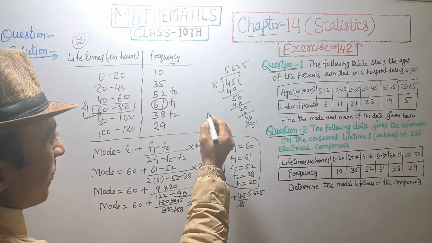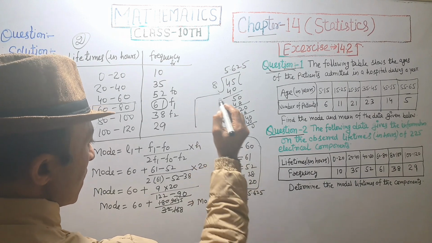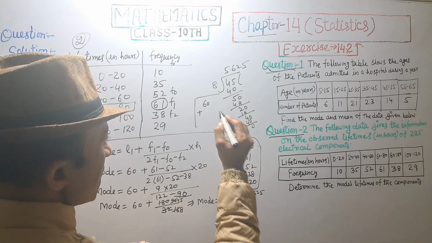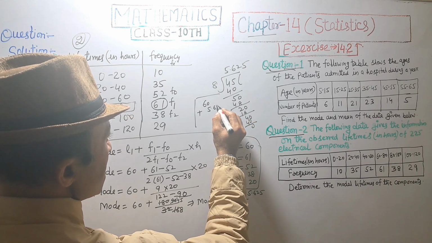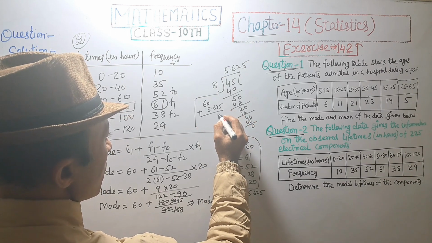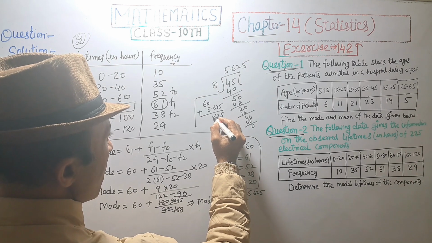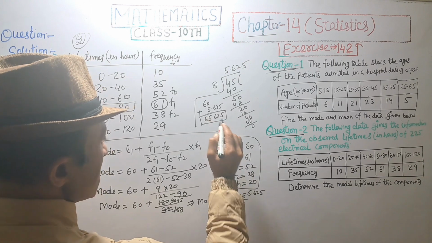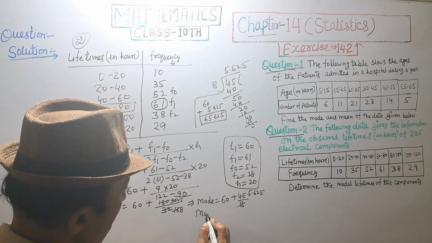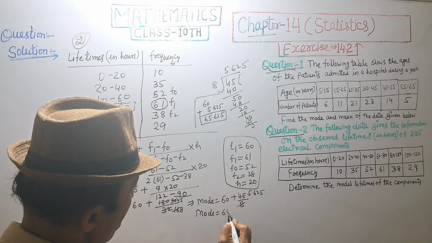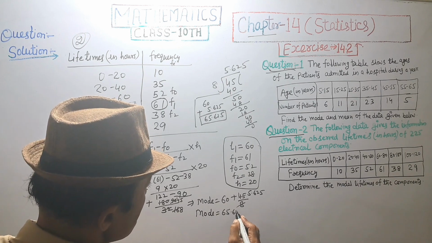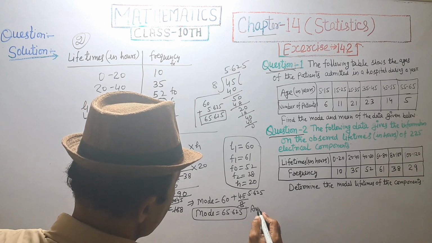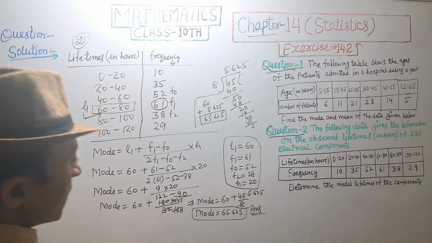And the addition of 60 plus 5.625 is equal to 65.625. Answer.